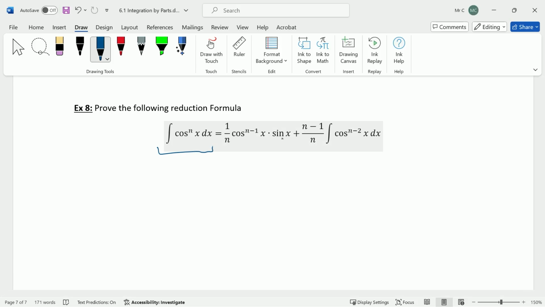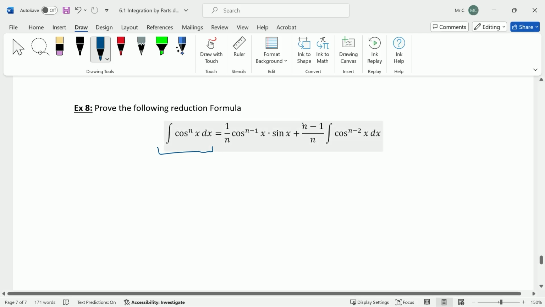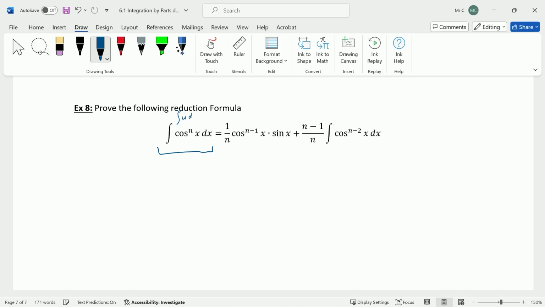And so I'm going to look at the right-hand side of this formula for a hint. So I've got, okay, if this is my integral of u dv, then this should be my product of u times v minus the integral of v du. Now, u times v here, well, this thing, sine of x, kind of looks like it could be v, because sine of x is the antiderivative for cosine, right?